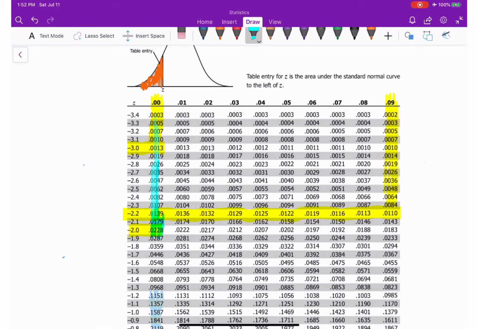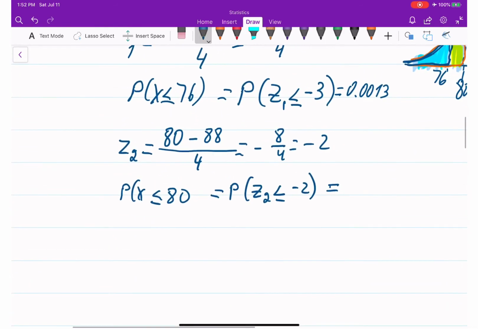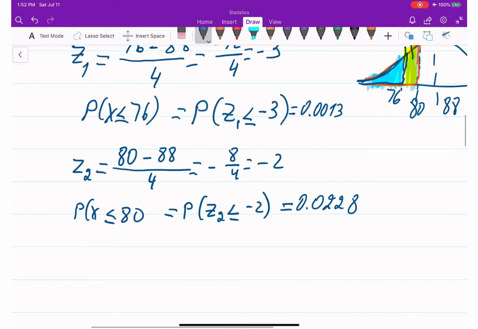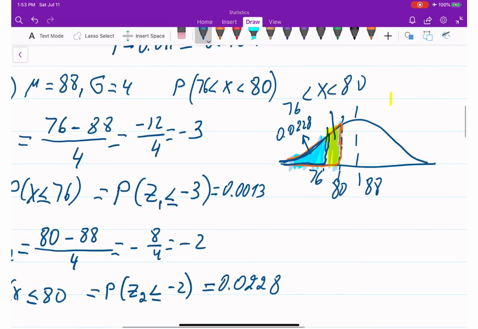Okay, till 0. All right, 0.0228. So this blue color is the probability 0.0228.